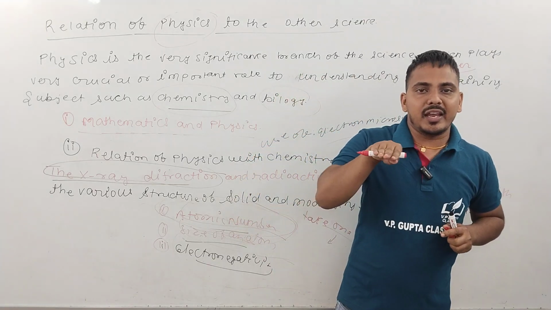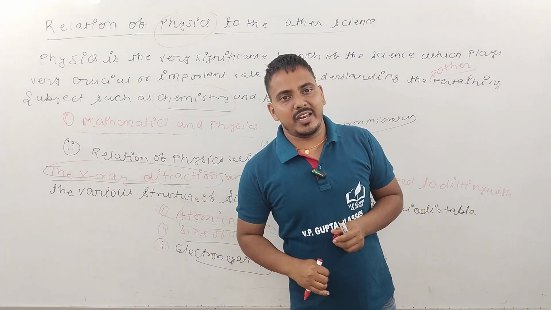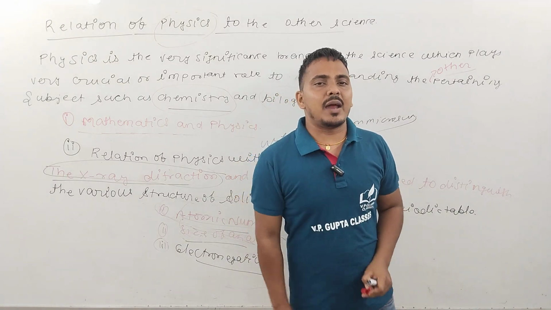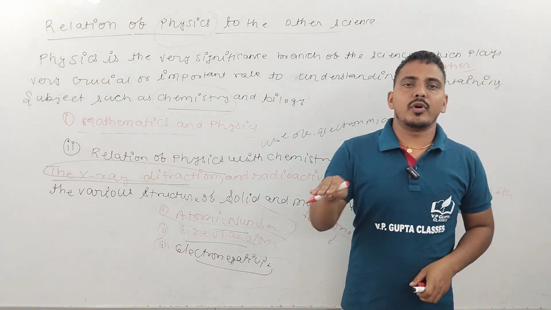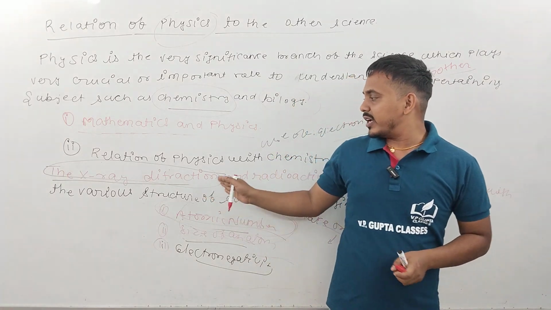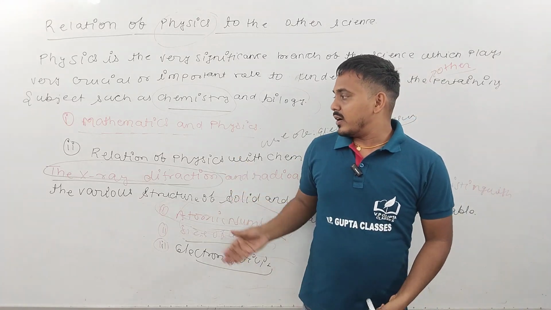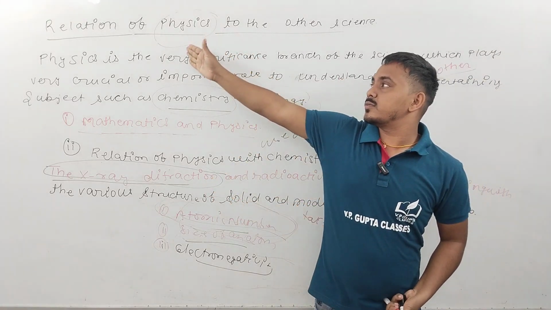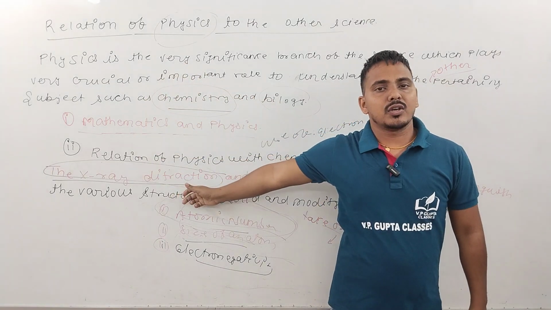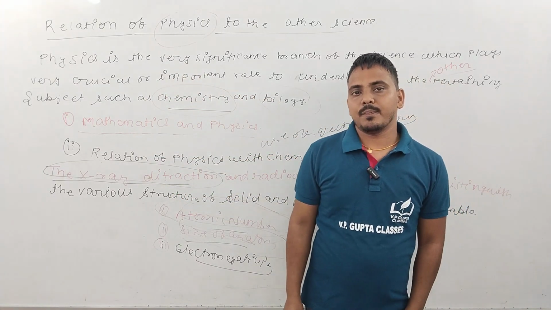Chemical bonding in structures is described with the help of electron microscope or X-ray diffraction. So we can say that physics plays a very crucial role in the study of chemistry.